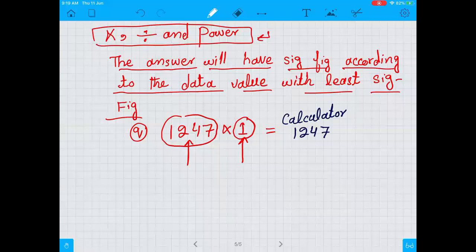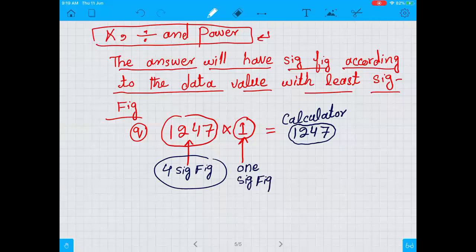You have to decide the significant figures. 1247 has 4 significant figures. This one has 1 significant figure. So the answer cannot have more than one significant figure.